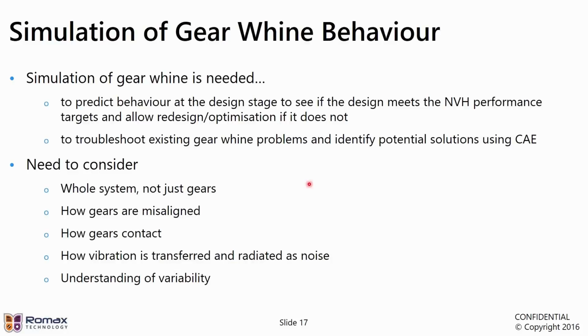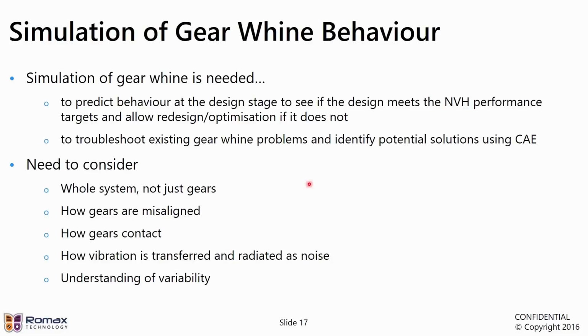So we need to be able to also have the tools to help us redesign and optimize the design to meet the targets. In the same way, we can also use it to troubleshoot existing Whine problems and identify potential solutions. But the ideal scenario is that we've ironed out the problems before we get to the phase of having a problem in actual production conditions, which is why we call it a right first time design process.